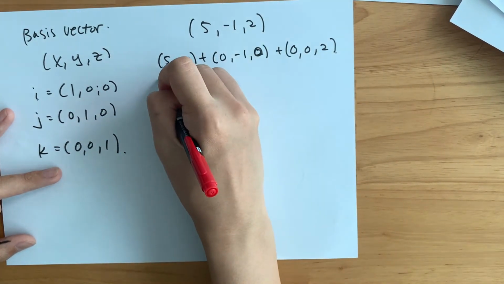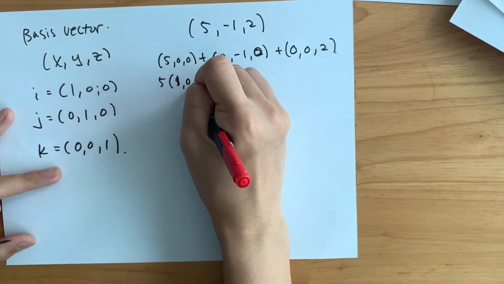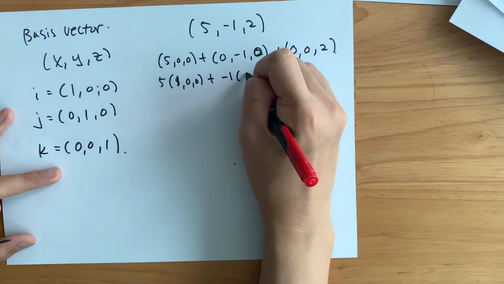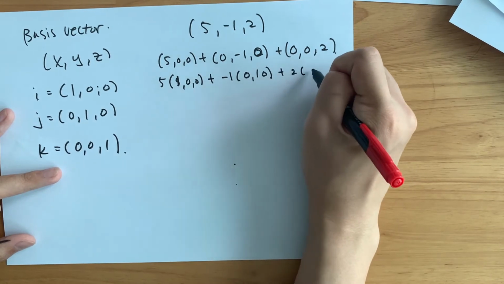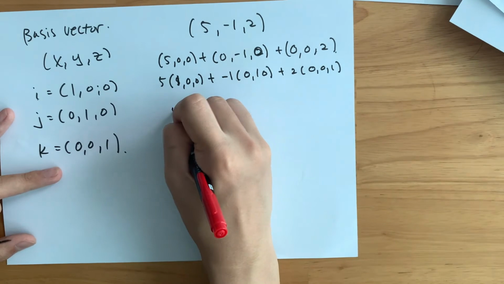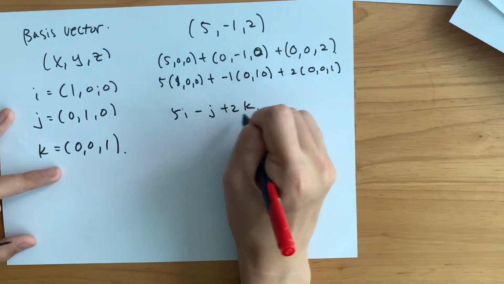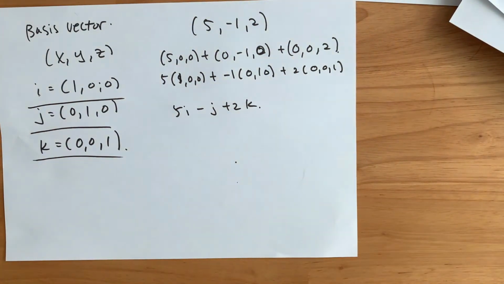Then we can factor this out: 5 times (1, 0, 0) plus -1 times (0, 1, 0) plus 2 times (0, 0, 1), which is 5i minus j plus 2k. So this is just a basis vector, representing some numbers in ijk.